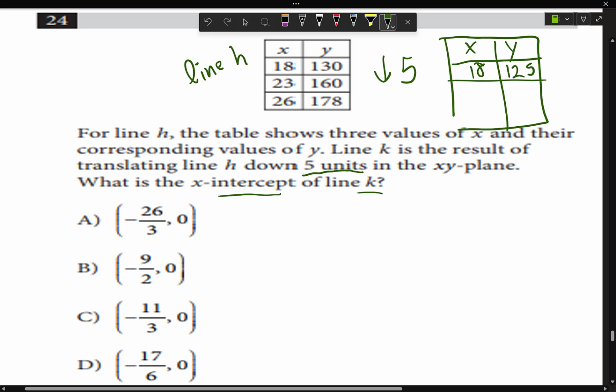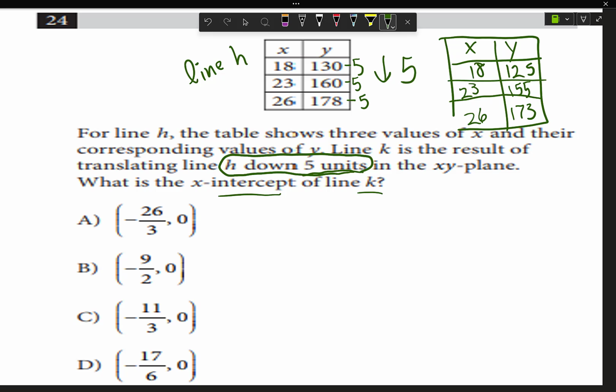So 18,130 is now 18,125. 23,160 is now 23,155. And then 26,178 is now 26,173. So we're just subtracting 5 from the y coordinates, and that's because they tell us line H is down 5 units. All right, so now we have our new points.